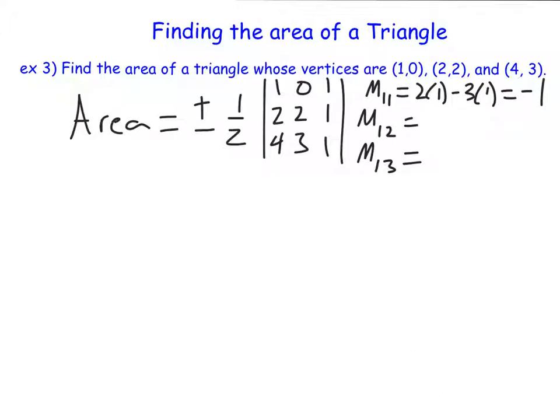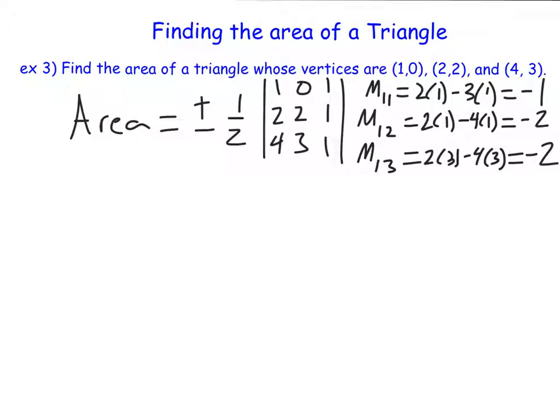Taking out column 2, you would get 2 times 1 minus 4 times 1, which would be -2. And then taking out column 3, you would get 2 times 3 minus 4 times 3. And you'd get -2.